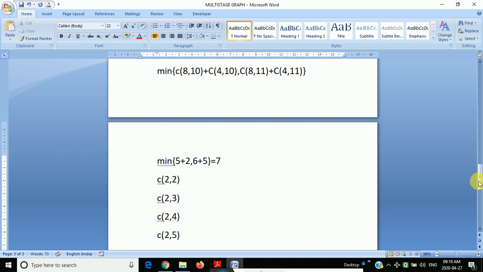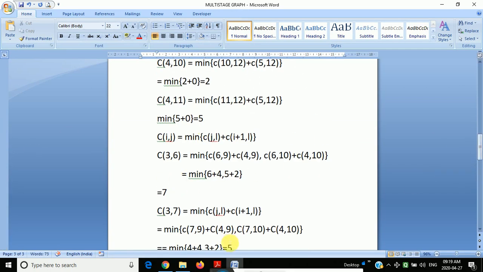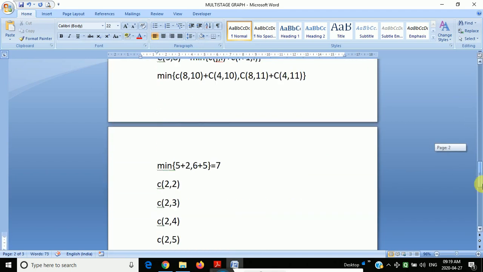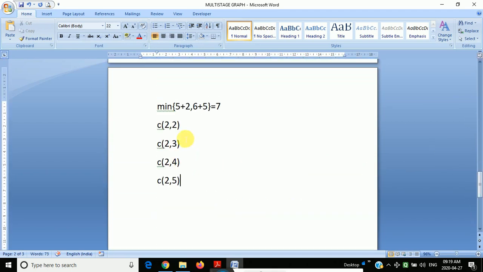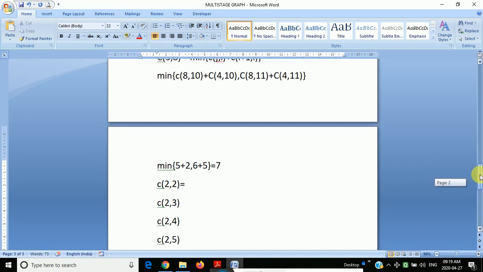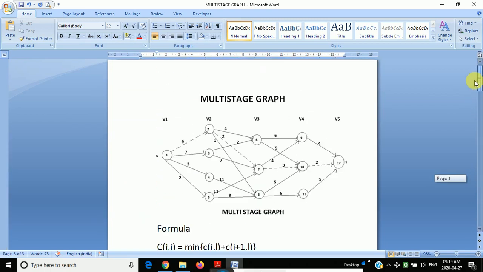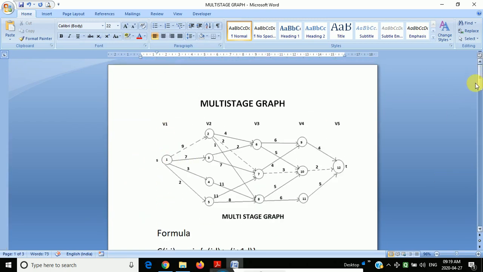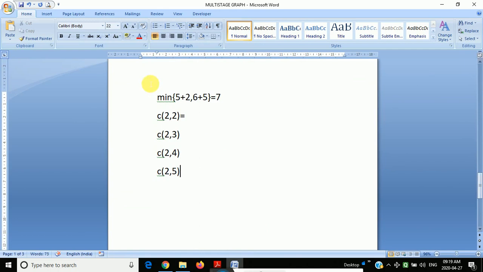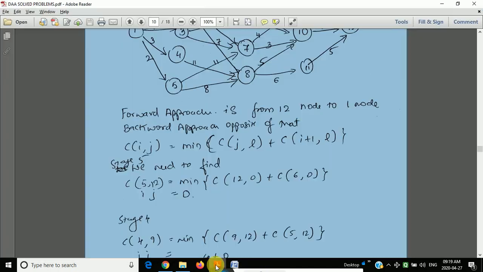Same method we have to follow like this and then you will get the final answer. Okay, so already we got all these answers, and after finding them we will get the answer, that is C 1 comma 1, we have to find out.